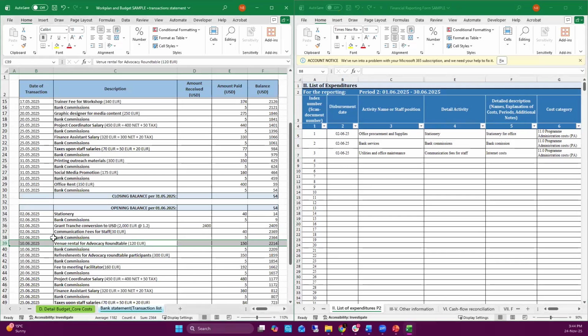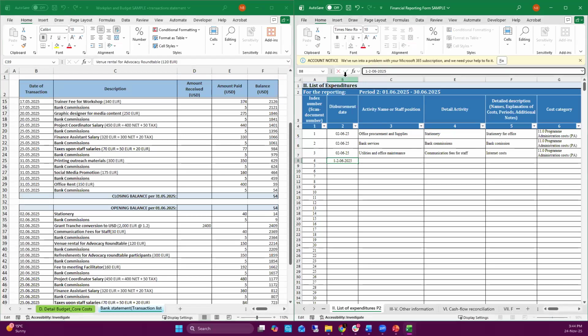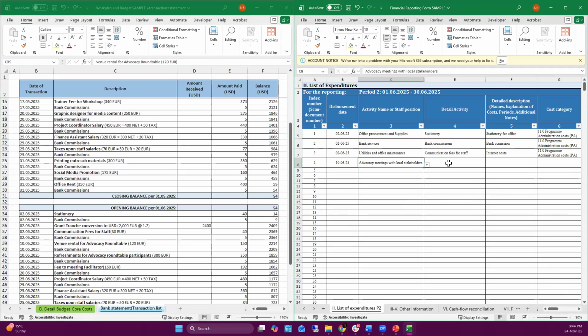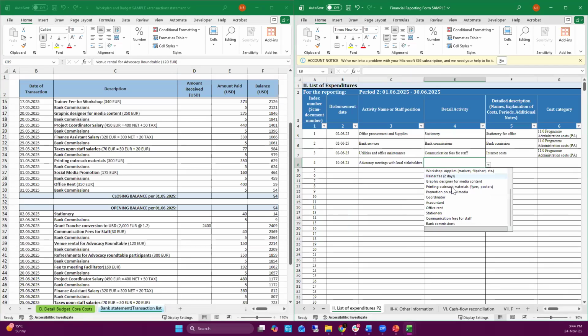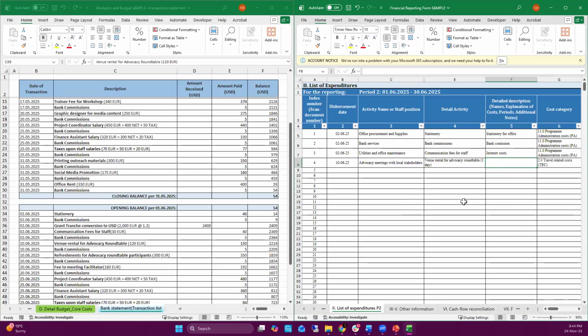So next we have what? Venue rental for the round table, which was on the 10th. So here it's an advocacy meeting with the local stakeholders. Here we choose the venue rental for the advocacy roundtable.